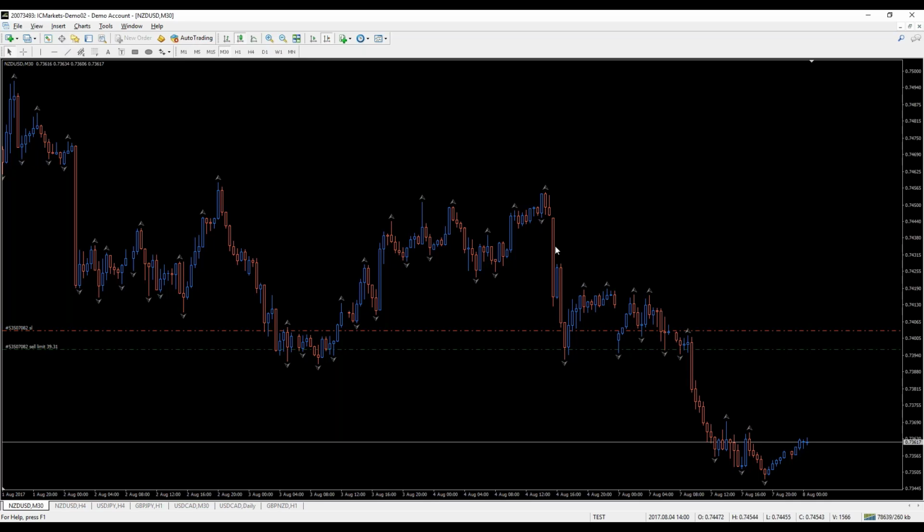Then I want to see, let me see if I can draw, pen. I want to see, for example, a low. I want to see a candle do that. So this one moves above this.